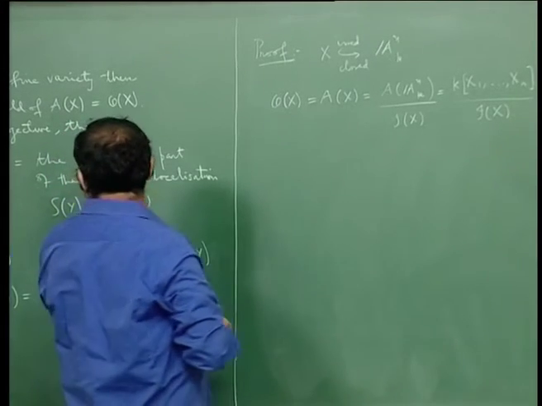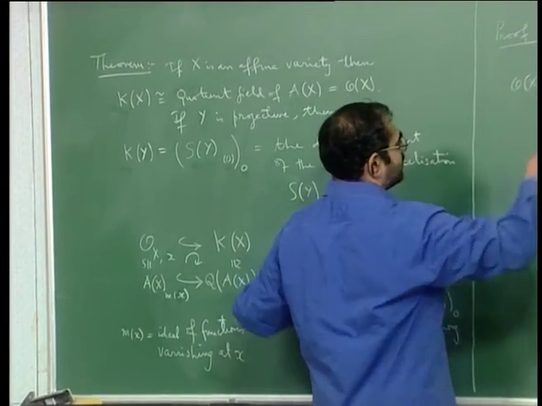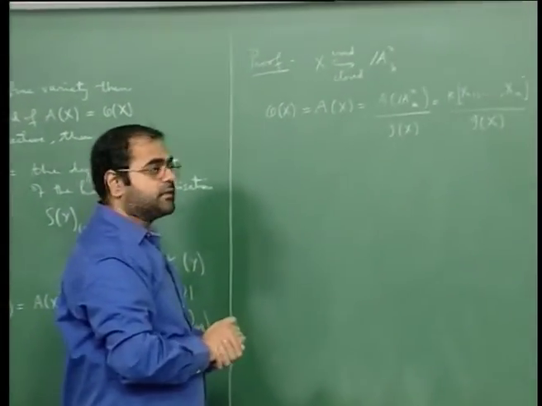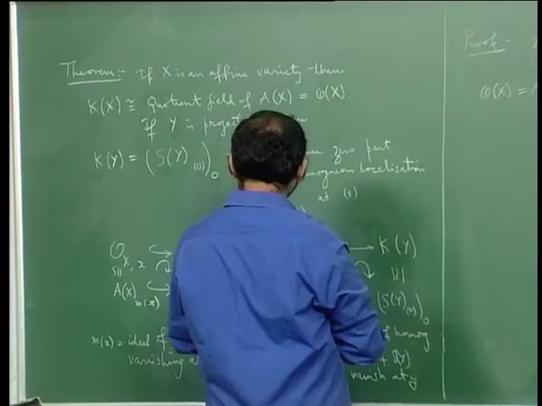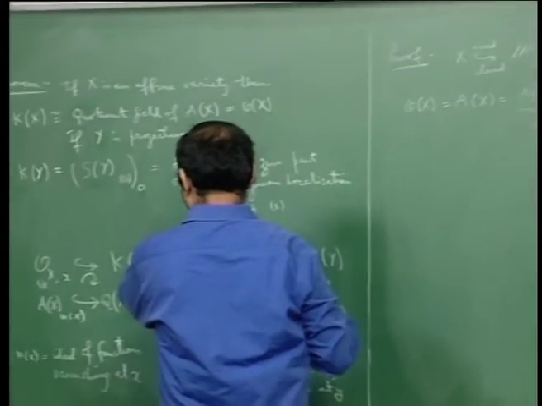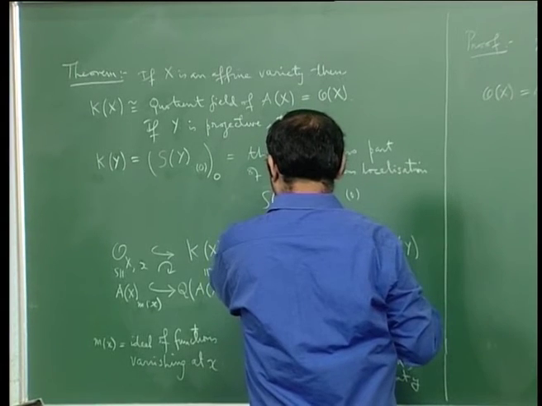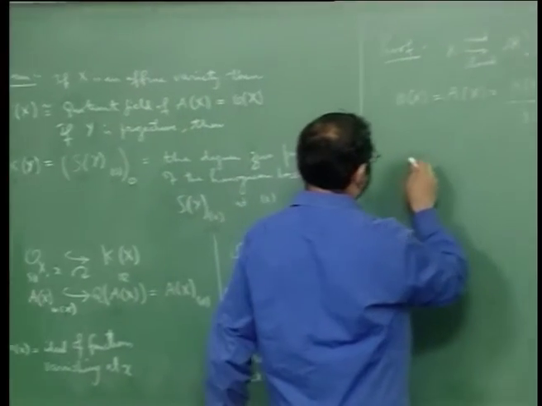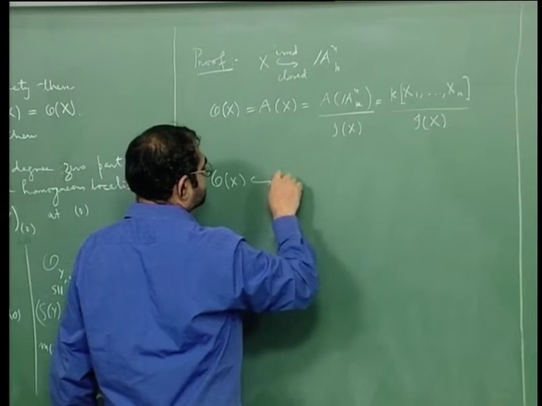And what I am trying to show is that K(X) is the same as the quotient field of A(X). So you know we already have that O(X) sits inside K(X).